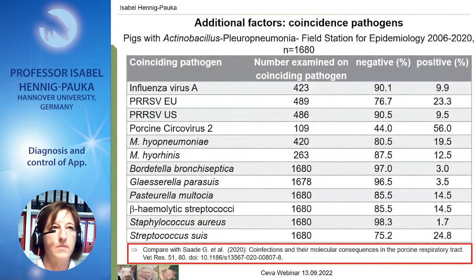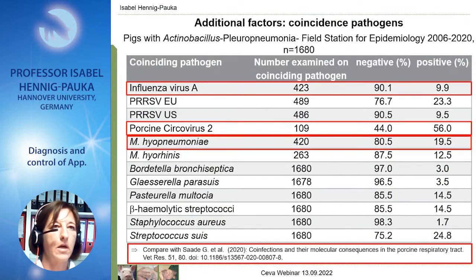Other additional factors might be the coinciding pathogens. And I evaluated pigs we had in our diagnostic lab, which were positive for APP and showed the typical picture. And we looked for other pathogens in these pigs. And we compared our findings with this article from Sade, who made a meta-analysis, a review article about co-infections and pathomechanisms in the porcine respiratory tract and what has been proven so far to be really synergistic or additive.